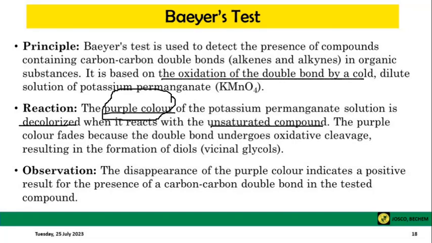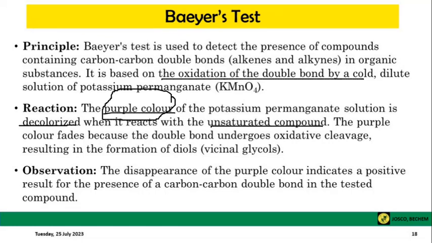Vanish to which kind of color? You would say colorless, close to a whitish color. But the general idea is that the purple color of the potassium permanganate would fade.